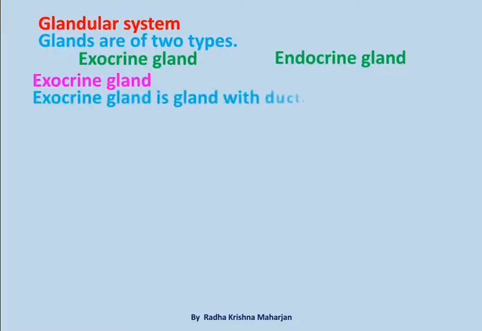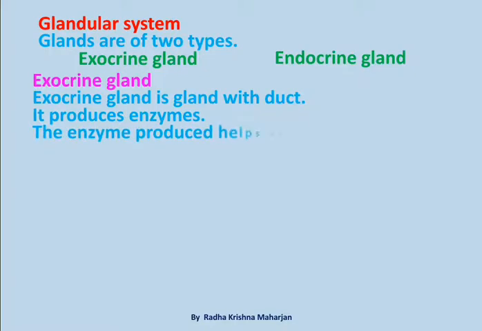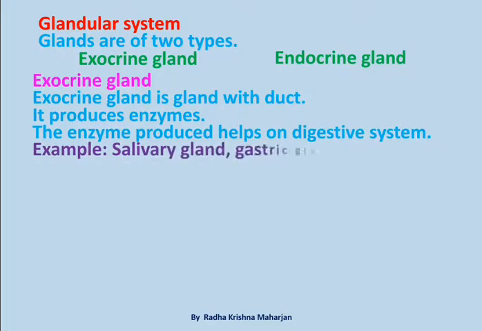Exocrine gland is gland with duct. It produces enzymes. The enzyme produced helps in digestive system. Example: salivary gland, gastric gland.